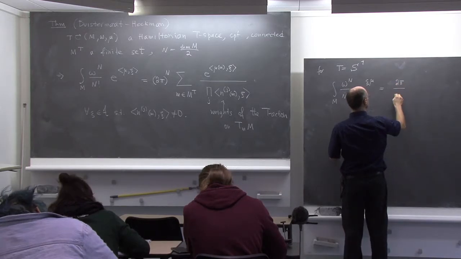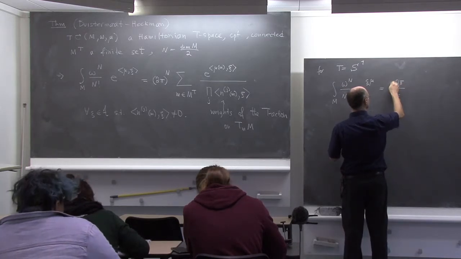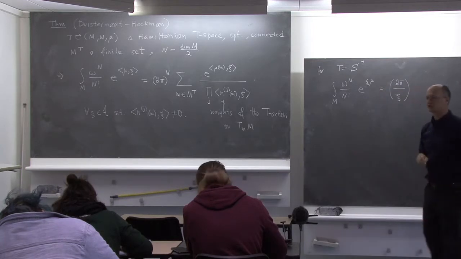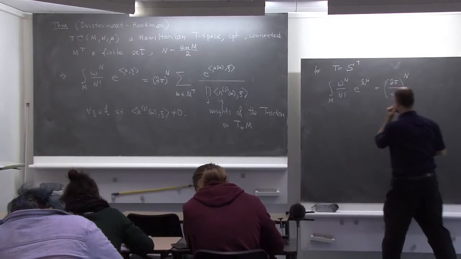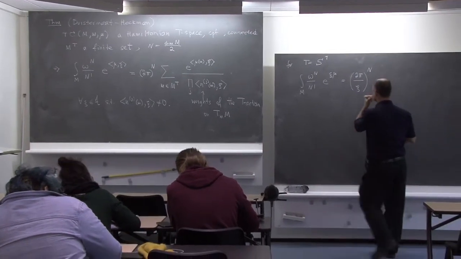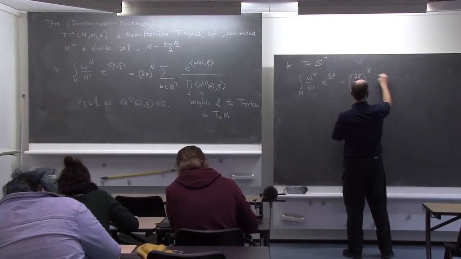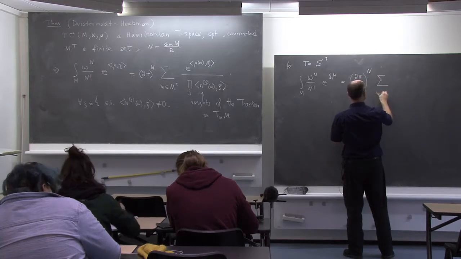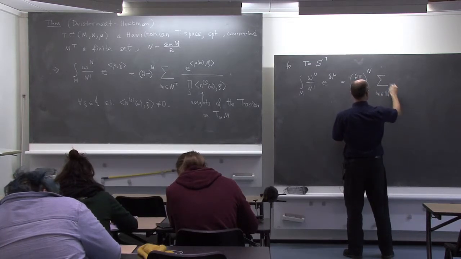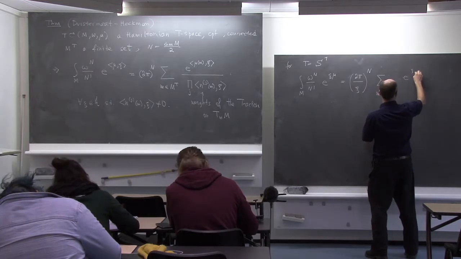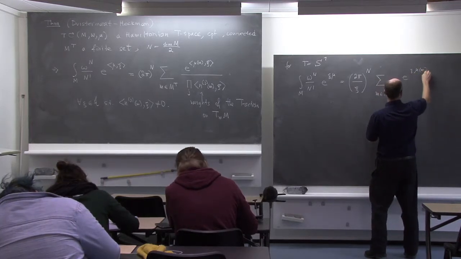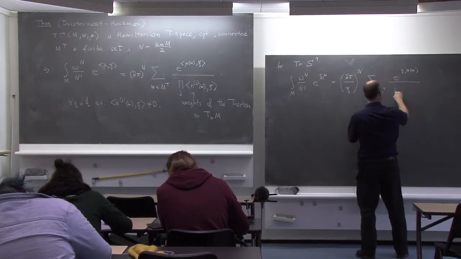Now all linear functions are simply proportional to this one real number xi. So it is 2 pi over xi, and here will be some sum over fixed points, exponential of xi mu of m.